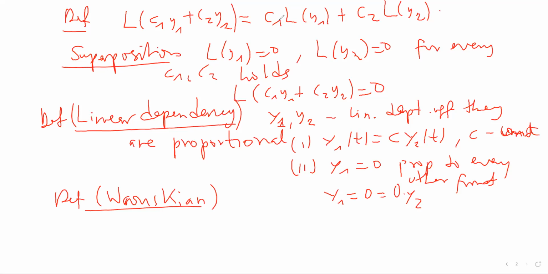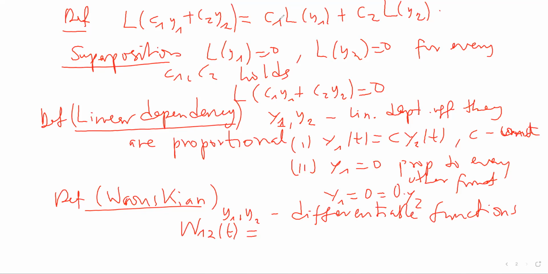We said the Wronskian of differentiable functions: if you have y1 and y2, which are differentiable functions, then W12 of t is equal to y1 of t y2 prime of t minus y1 prime of t y2 of t.